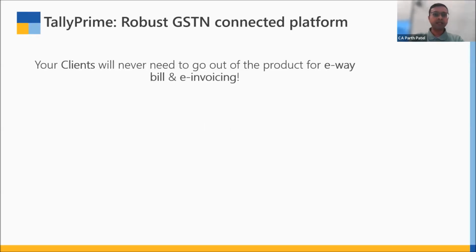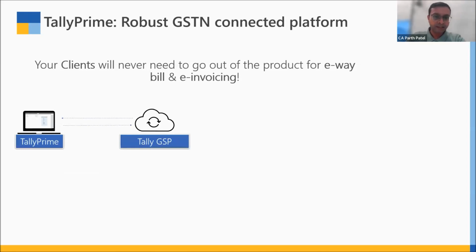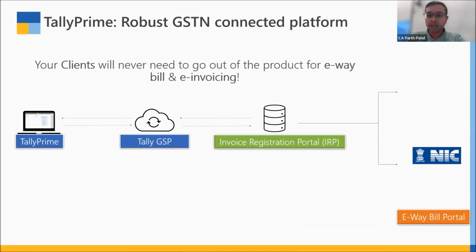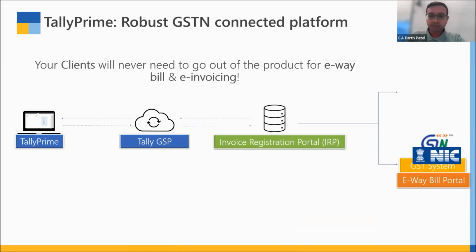So here you can see TallyPrime has a robust GST and connected platform. And this platform we will simply understand by a diagram. Let's say here we have a TallyPrime. This TallyPrime is connected with the Tally GSP. Tally is also a registered GSP. Now this Tally GSP has a connection with the IRP portal, and in turn, it is also connected with the e-way bill portal.